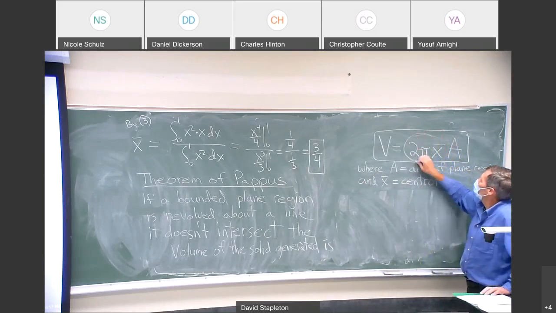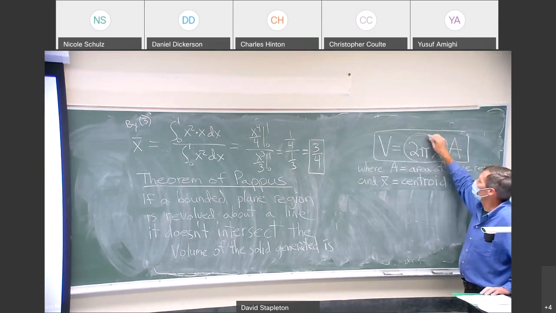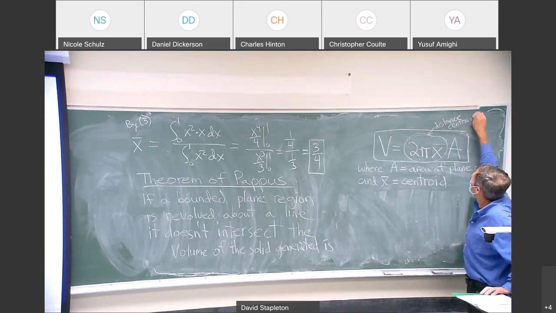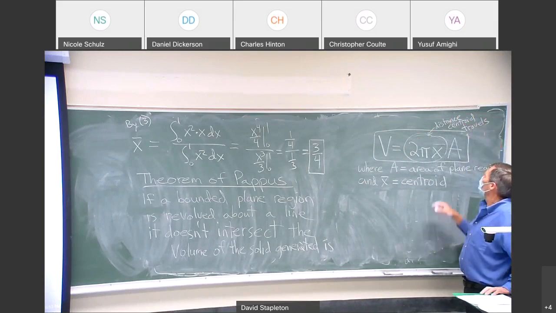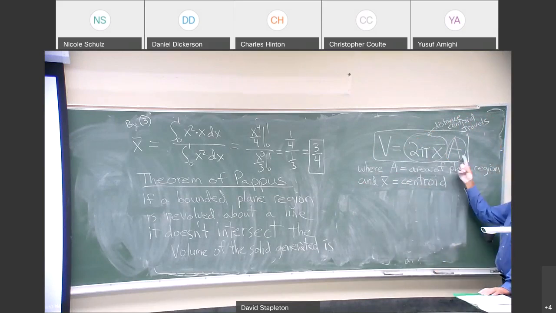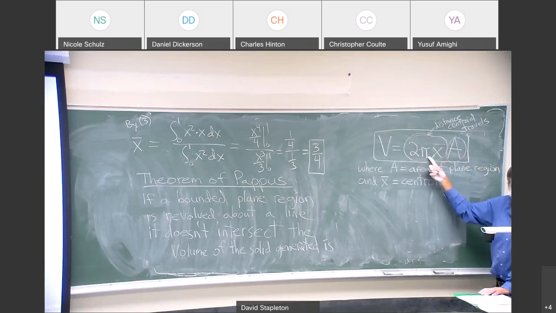Two pi X bar is the distance the centroid travels. And this is the area of the plane region. So that's a very significant geometrical quantity. You can take the area of the plane region and multiply by how far the centroid travels and figure out the volume of the solid generated.